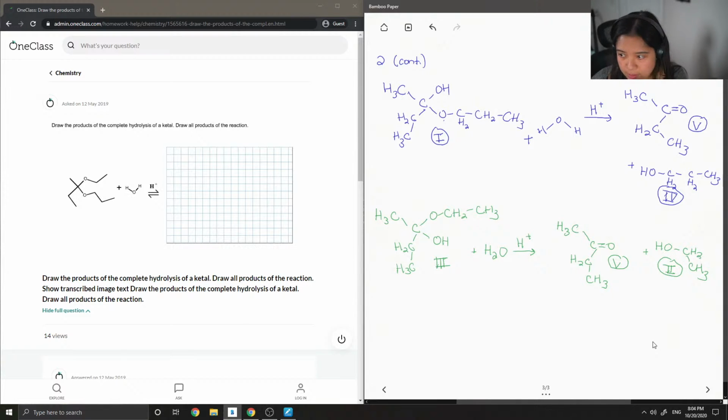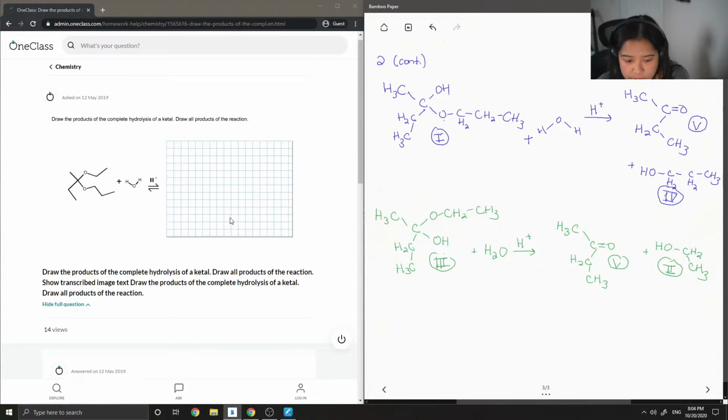Okay, so it might look a little confusing at first, but basically these are all of the products that you could possibly obtain from the complete hydrolysis of a ketal. So we have this 1, 2, 3, 4, and 5. Let's see the answer from our junior tutor.